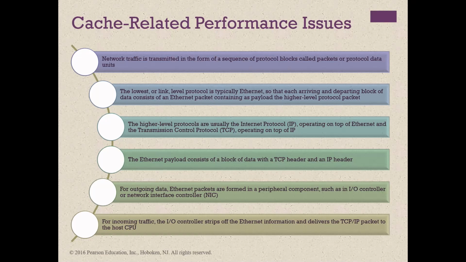So for both outgoing and incoming traffic, the core, the main memory, and the cache are all involved. In a DMA scheme, when an application wishes to transmit data, it places that data in an application assigned buffer within the main memory.